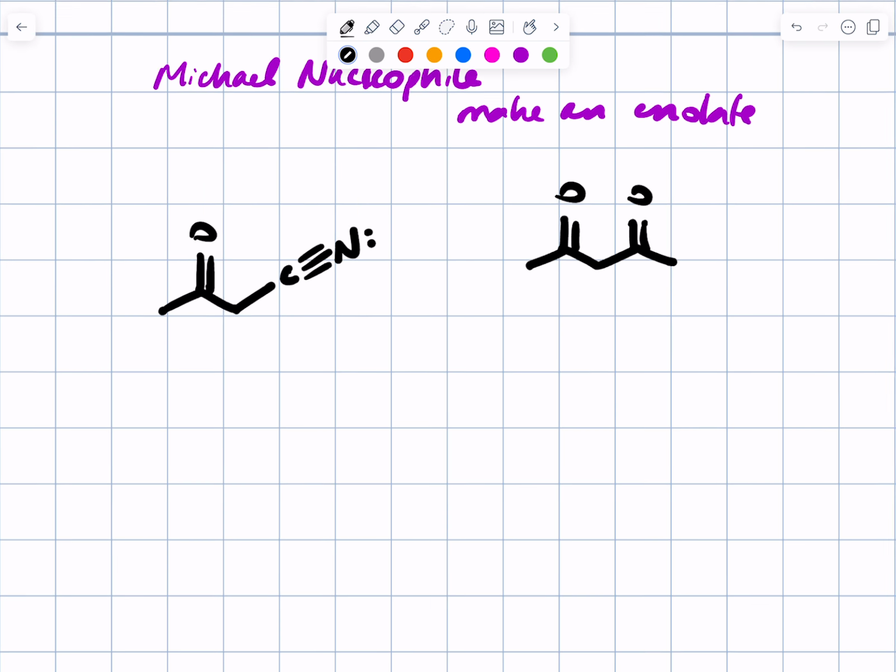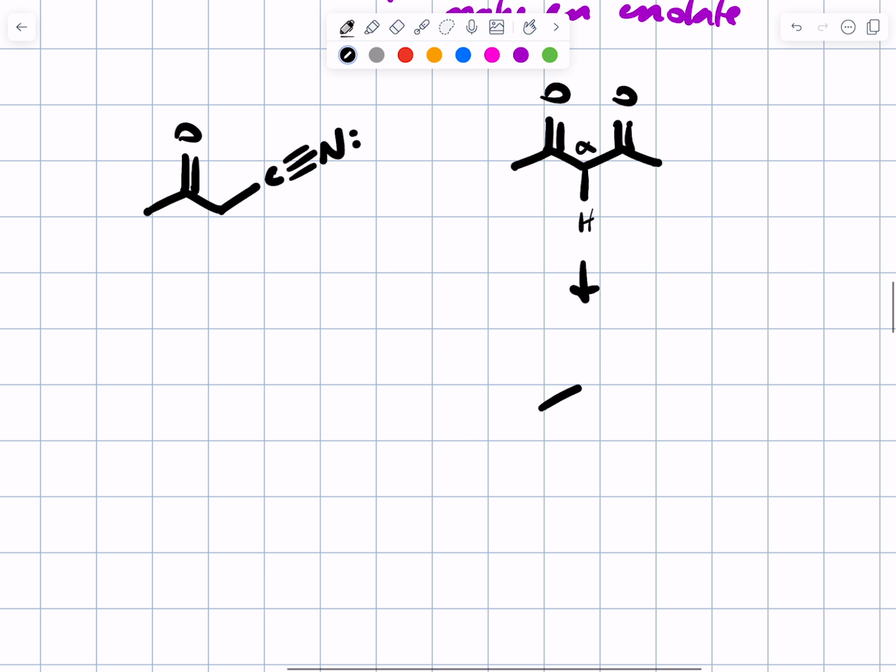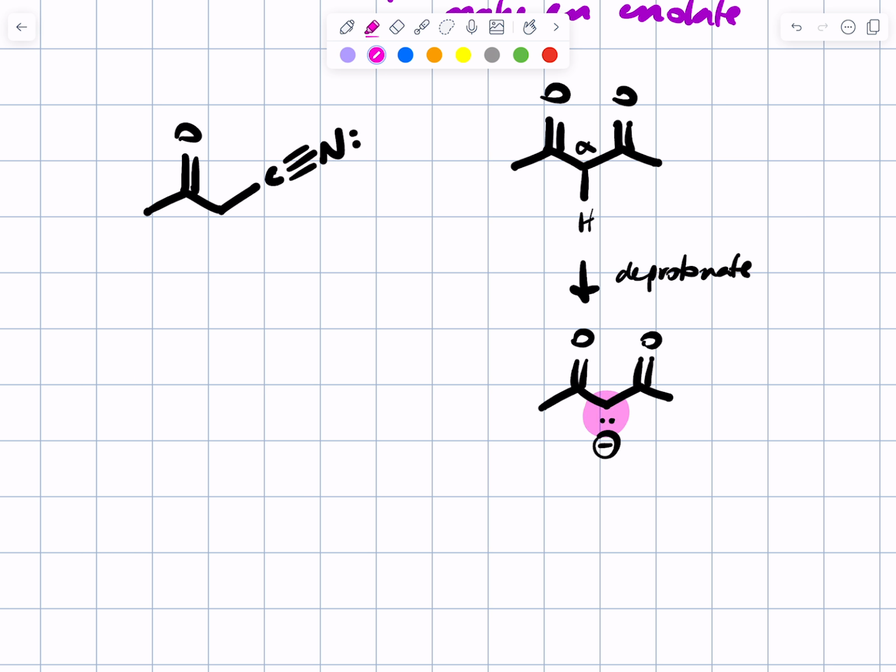Let's remember that when you have a proton that's alpha to two carbonyls, the resulting enolate, if you remove the proton, is resonance stabilized in multiple places because the negative charge on the alpha carbon can be delocalized onto not only one oxygen but the other. That makes sense? You've seen that before?